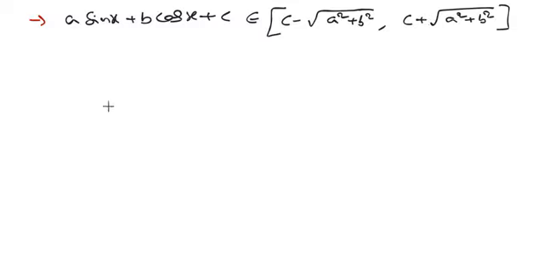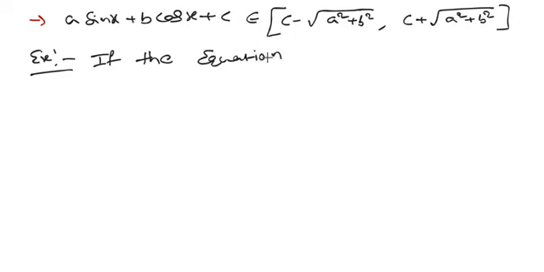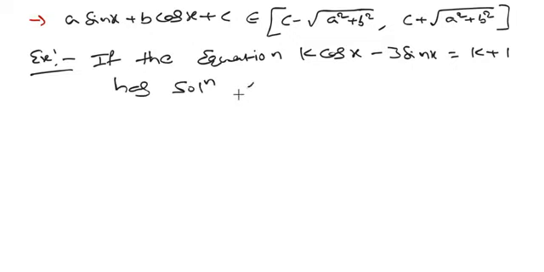Now let us take one problem on this. If the equation k cos x minus 3 sin x equals k plus 1 has a solution for x, then k belongs to dash.